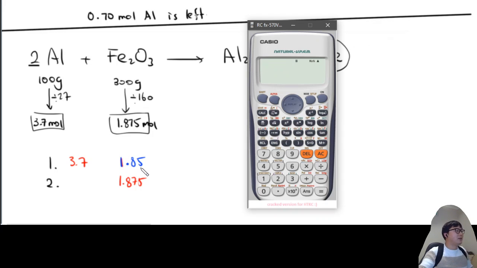So I think it might give you a different result if we actually use the exact molar mass, because this is so close. Yeah. So if you take 1.875 times 2, then you would need 3.75.